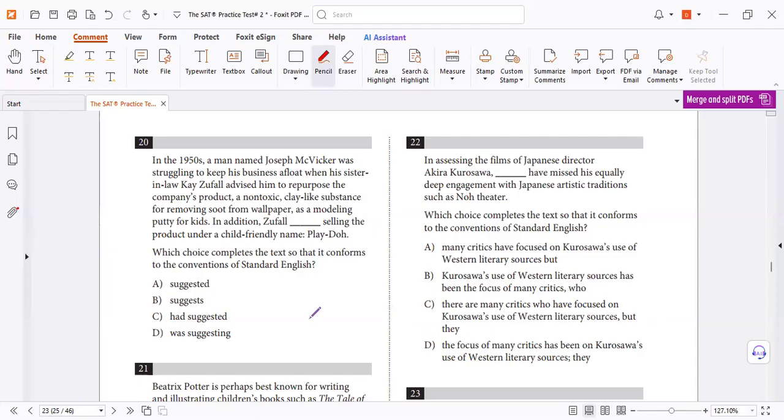Why did you make it singular? Why did you make it present simple? And why not A?